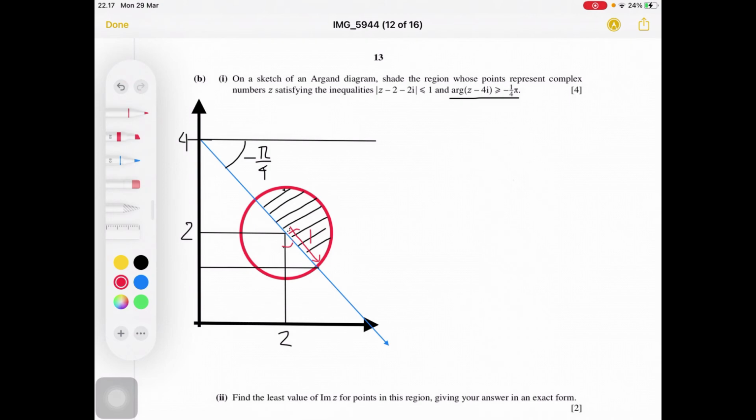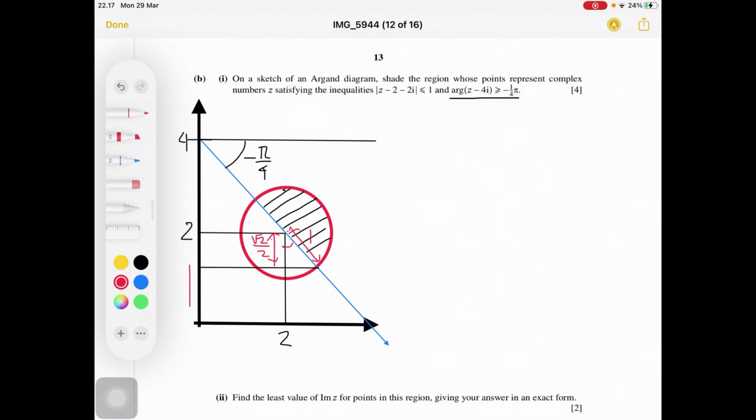With the help of trigonometry, the length of this line segment will be square root of 2 over 2.